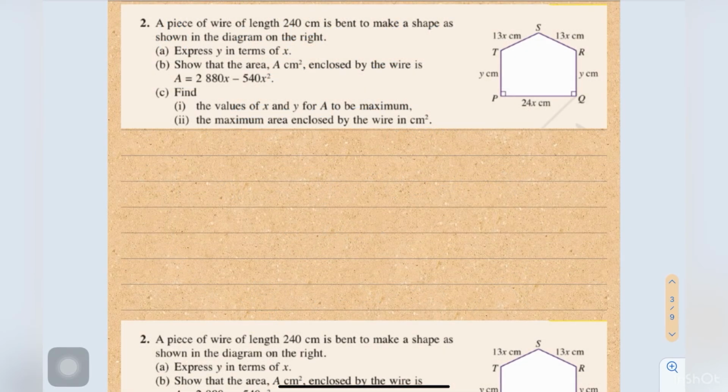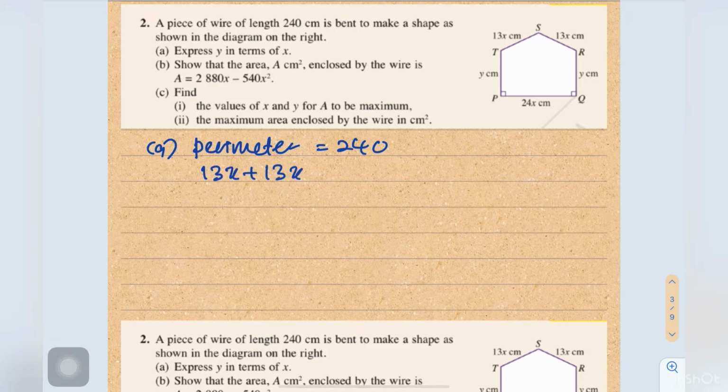Number 2, a piece of wire of length 240 centimeter is bent to make a shape as shown in the diagram on the right. Express y in terms of x. A piece of wire of length 240, meaning that 240 is the perimeter. So to find the perimeter, just add all sides. Here we have 13x plus 13x plus 2y plus 24x equals 240.